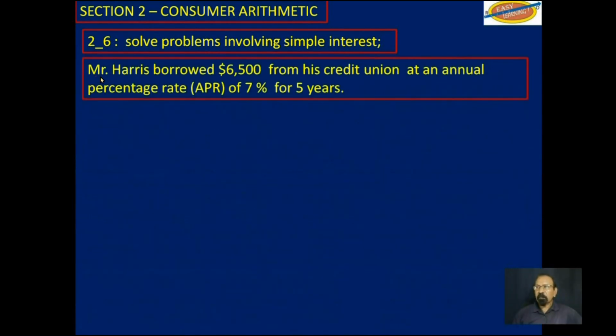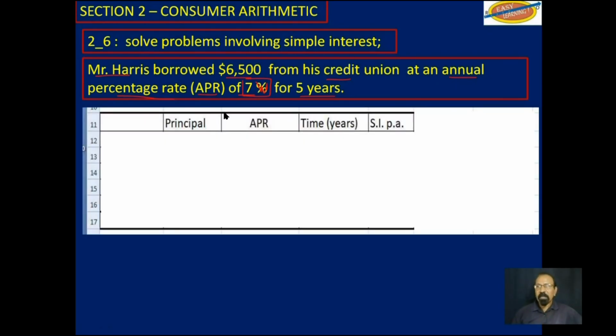Let us say that Mr. Harris borrowed $6,500 from his credit union at an annual percentage rate, which is called an APR, of 7%. This percentage here is redundant, but it is there just to make sure we are clear. 7% for 5 years.